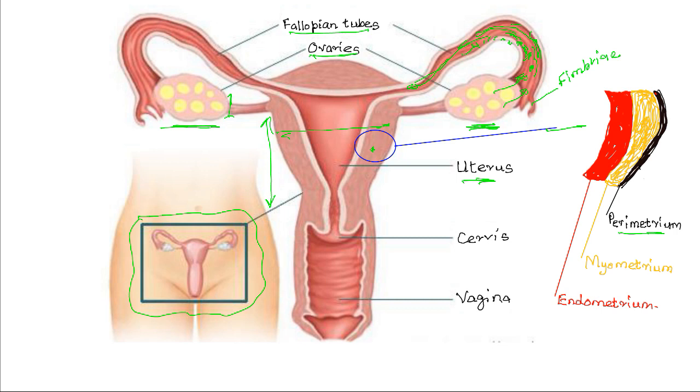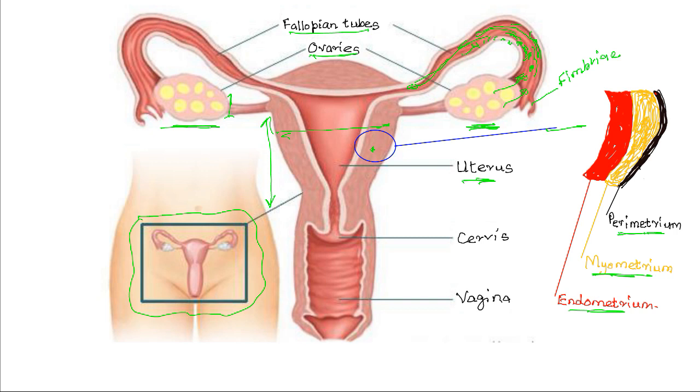It consists of connective tissues. Then there's a middle layer known as the myometrium that consists of smooth muscles that contract during birth. And then the innermost layer is known as endometrium. The endometrium contains glands and many blood vessels. The endometrium increases in thickness in preparation for the fertilized ovum.